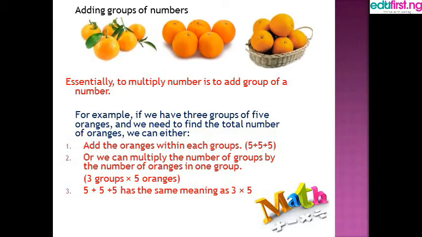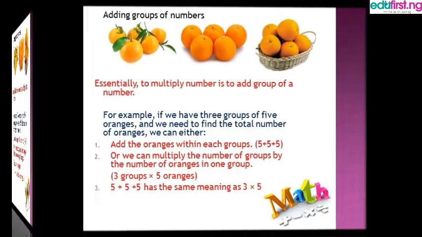Number 3, 5 plus 5 plus 5 has the same meaning as 3 times 5. Now, knowing this concept will allow you to tackle the complex problem sums found in tests and exams.